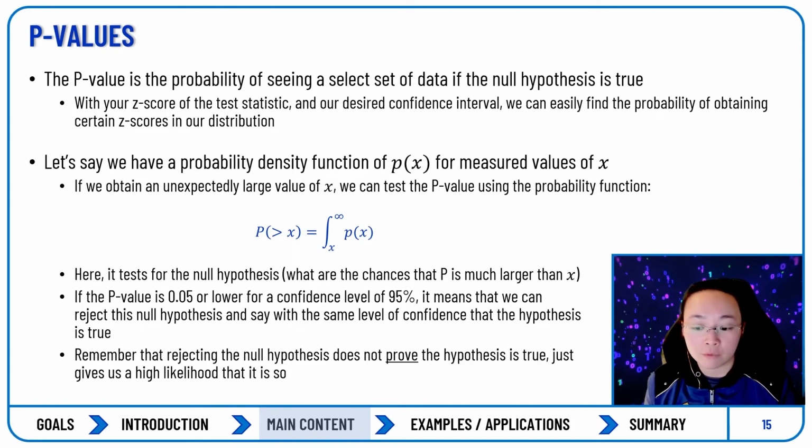When the scientists discovered the Higgs boson, they didn't present the probability that the Higgs boson exists or not. They presented the probability that if the Higgs boson did not exist, what would be the likelihood of getting this data? If the likelihood of getting that data is very, very little without the existence of the Higgs boson, then you've disproved or rejected the null hypothesis and therefore accepted the reality that the Higgs boson does exist.